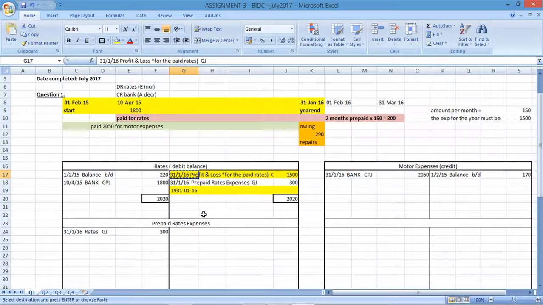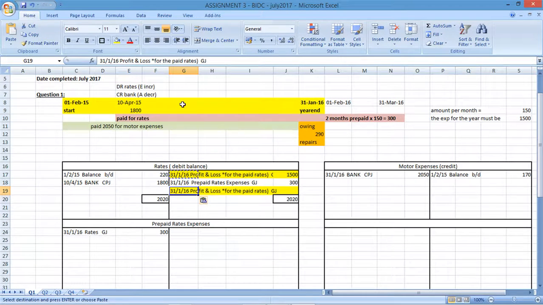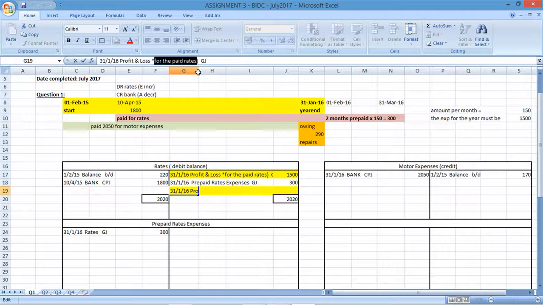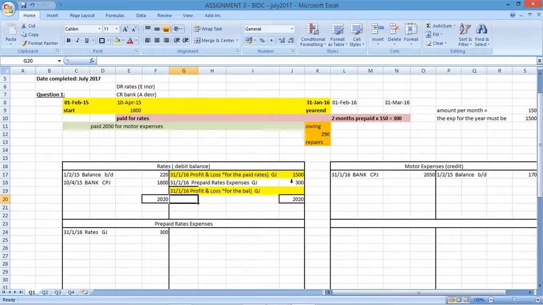I can actually use the same working here, just with the different asterisks. This was for the balance. That's what you've got there. Great. So now we'll have a balance there of the 2020 minus this minus that, and you can see you'll have 220 there. But I would show this as 1.